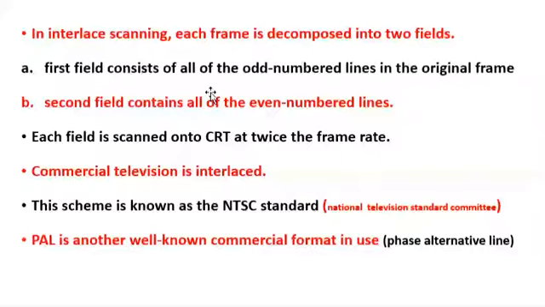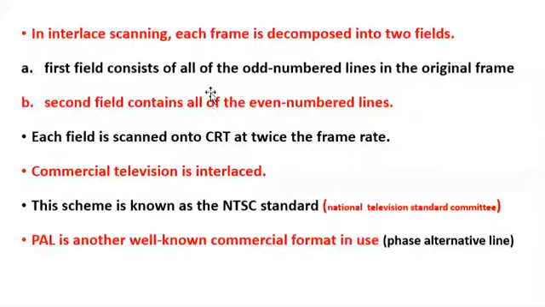Now in interlace scanning, each frame is divided into two fields. The first field contains all the odd numbers, and the second field contains all the even numbers. So for this reason, whenever you want to scan a field, it is scanned twice. The first scanning takes care of the odd numbers, the second one takes care of the even numbers.